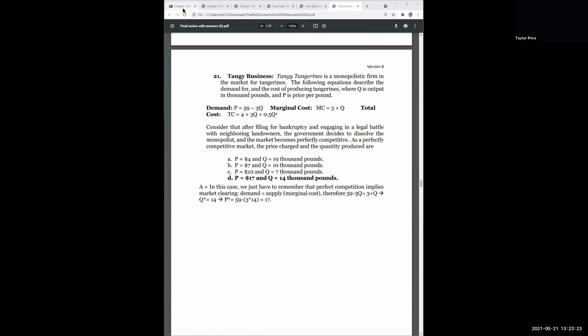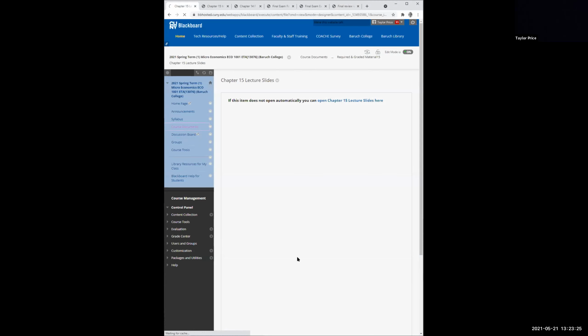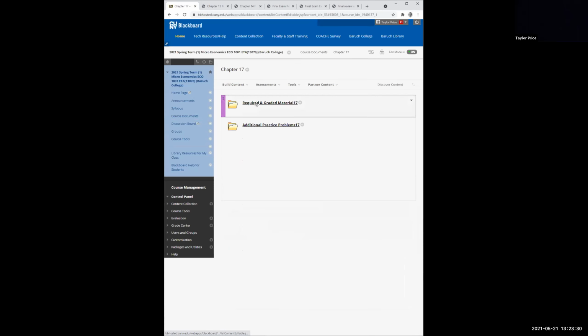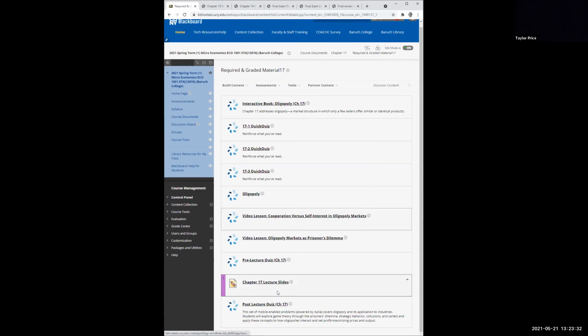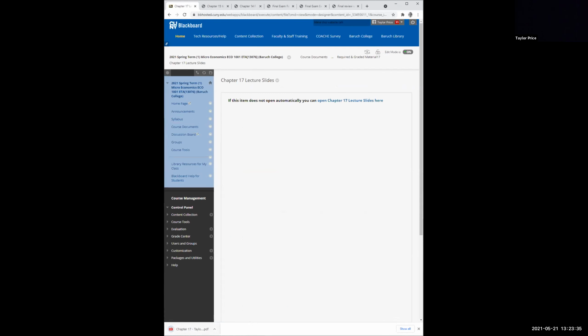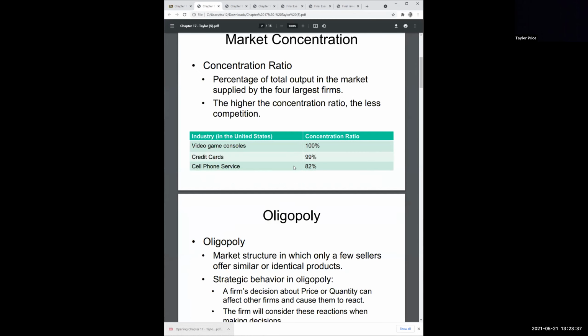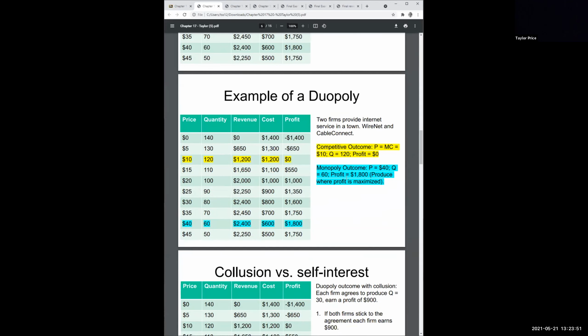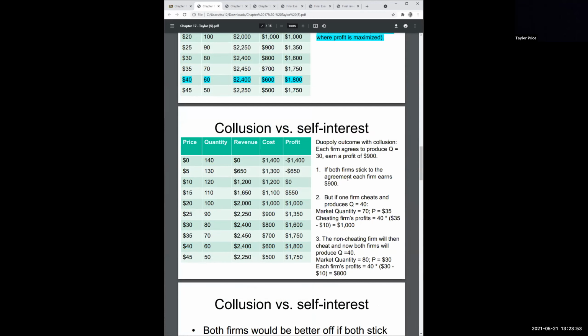Yeah, the main thing, and since you brought that up, that's good to mention. For chapter 17, the big thing you'll want to remember for the oligopoly and duopoly is questions like this, where you're looking at firms' profits. And another question, let me see if I can find it.